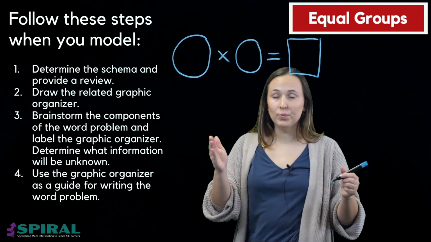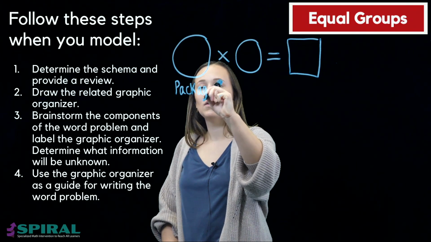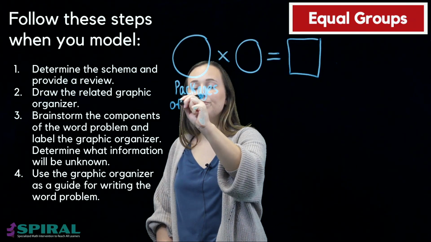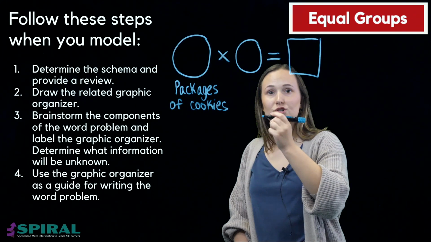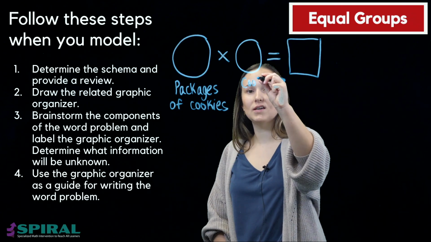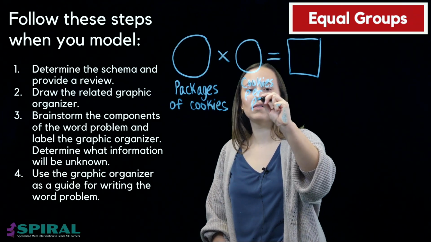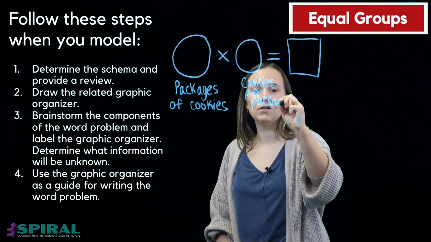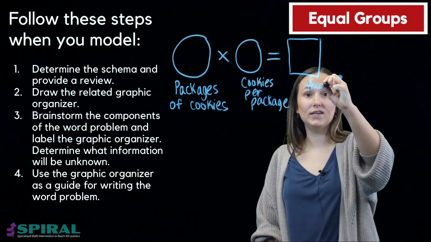So my groups will be packages of cookies, and my number in each group will be the cookies per package, and then the product will be how many cookies.